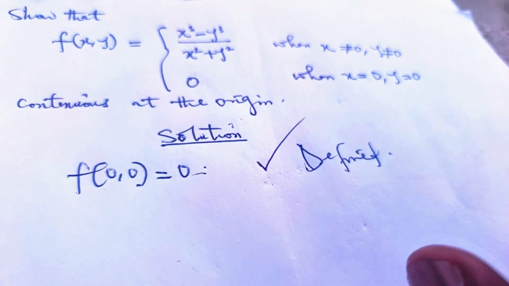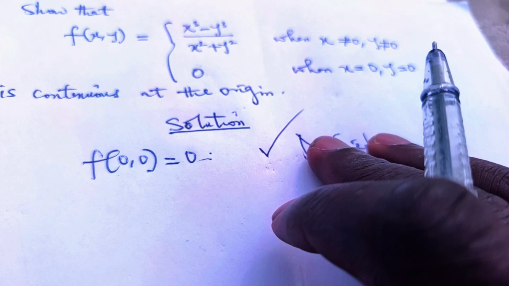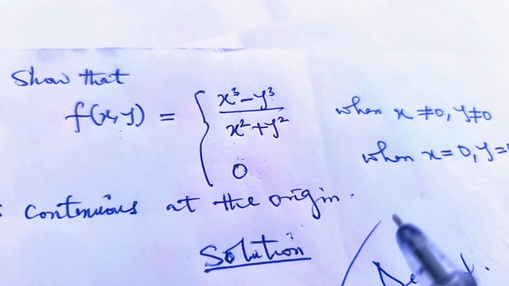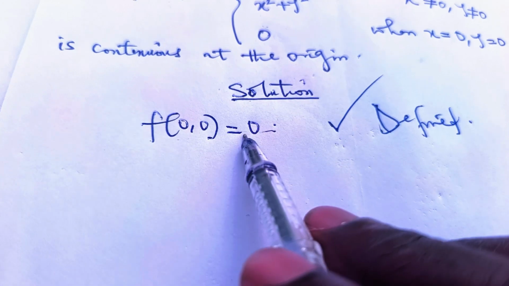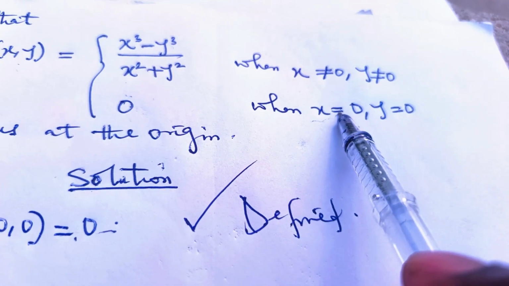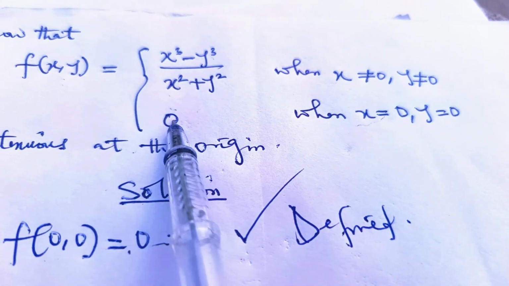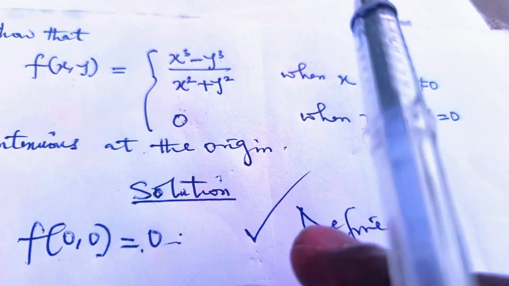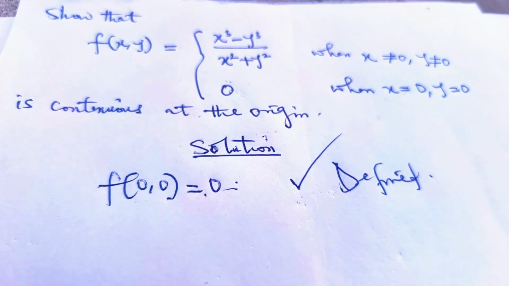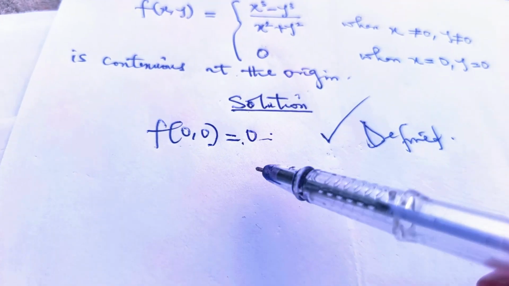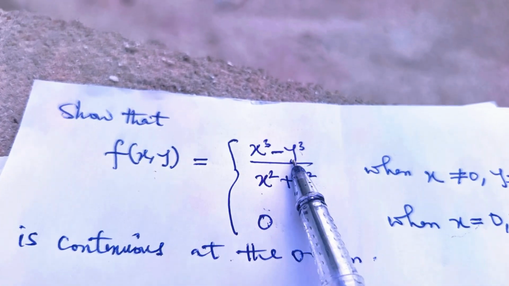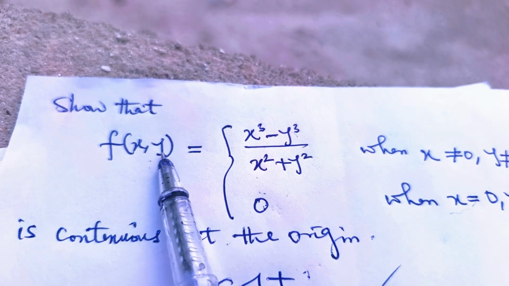There are three things to know that a function is continuous. Let me tell you the theory. The first one is if the function is defined at the point 0. Now, as you can see, it's defined at 0, so this is proved. Then the second one is if the limit exists. So we want to show whether the limit of this function exists.